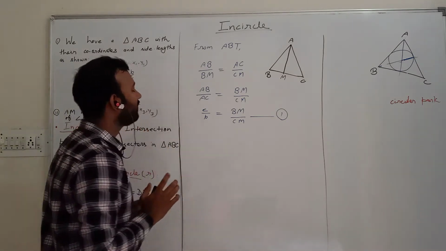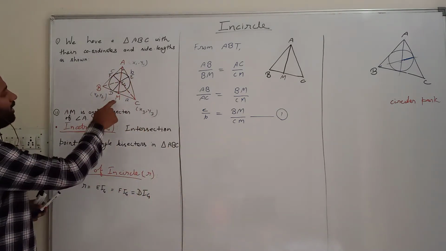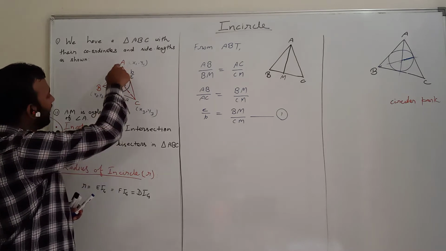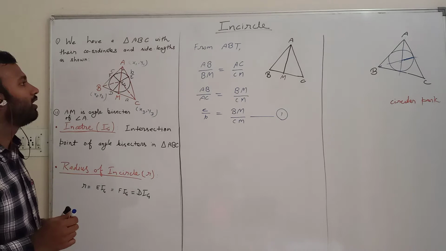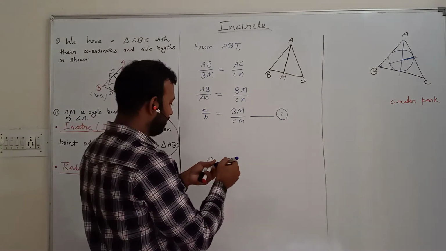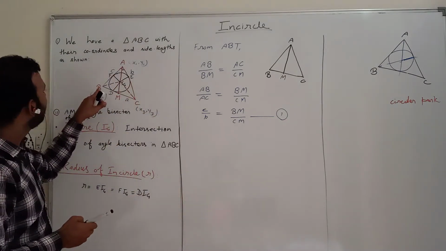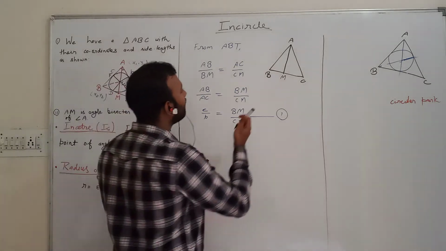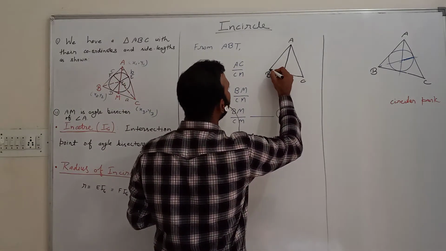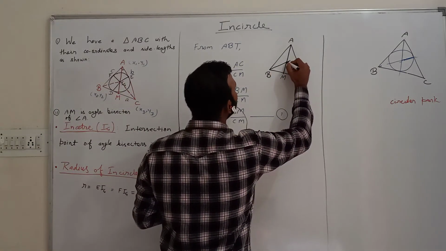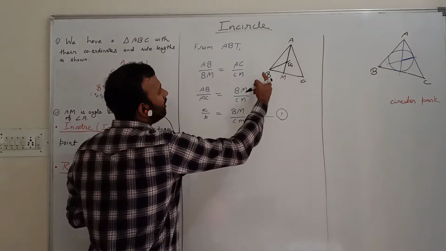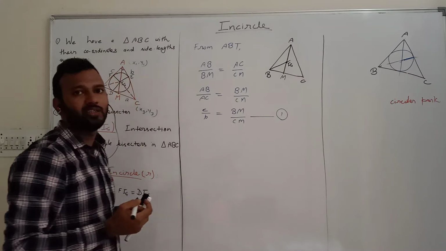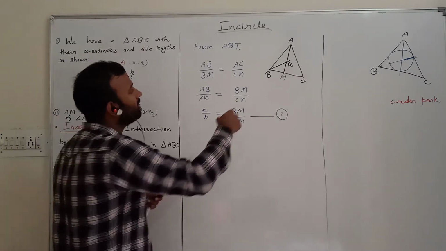As I have point M, AM is intersecting the line BC at point M. Now, again, if you join BI, an angle bisector from here, this is also a point. BI is again an angle bisector, and this is the center.